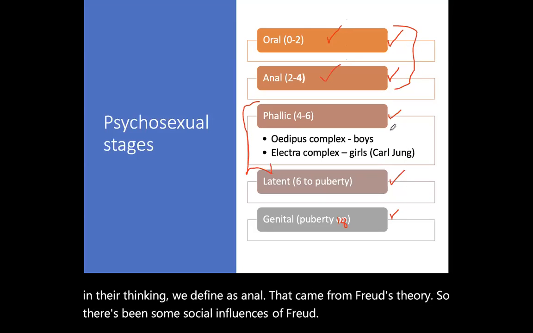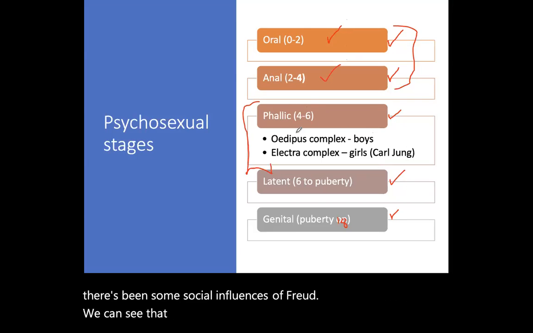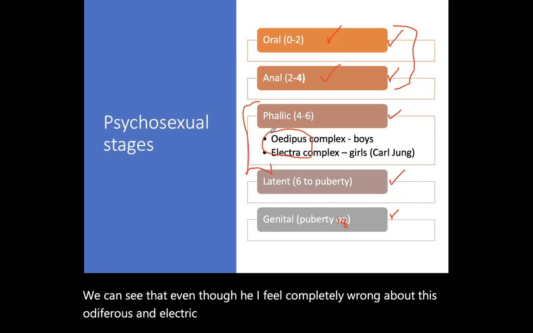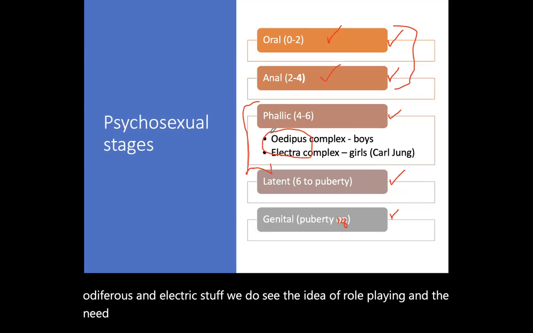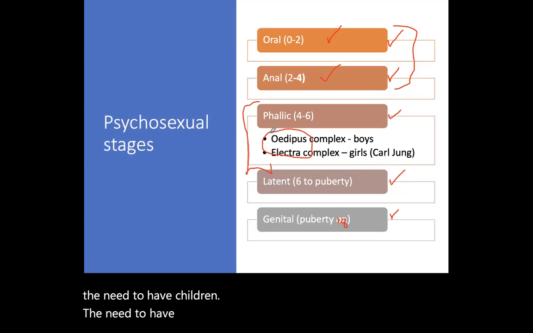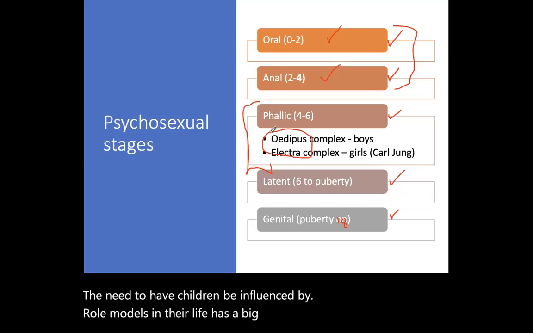We can see that even though he was, I feel, completely wrong about this Oedipus and Electra stuff, we do see the idea of role playing and the need to have children be influenced by role models in their life has a big influence on their outcomes later in life.